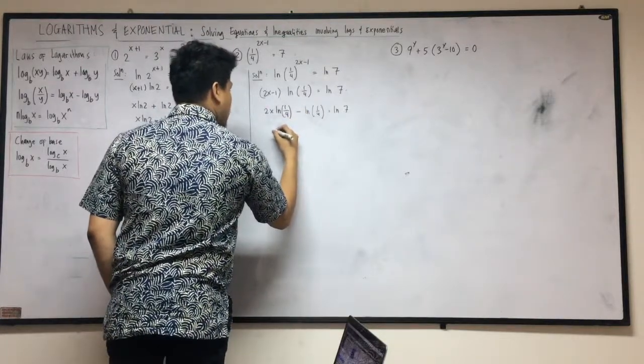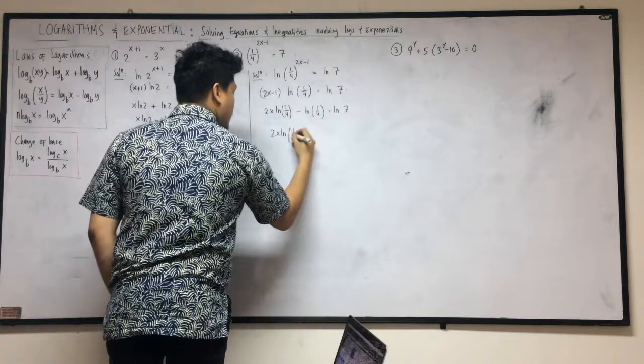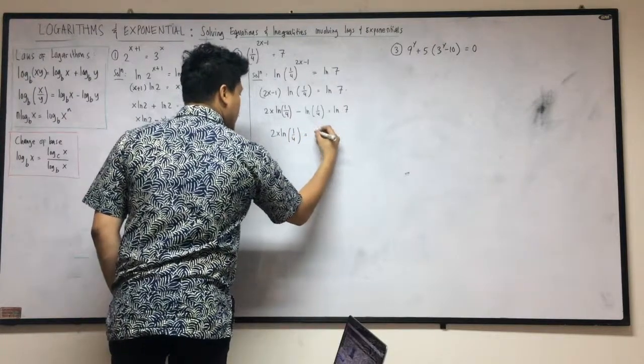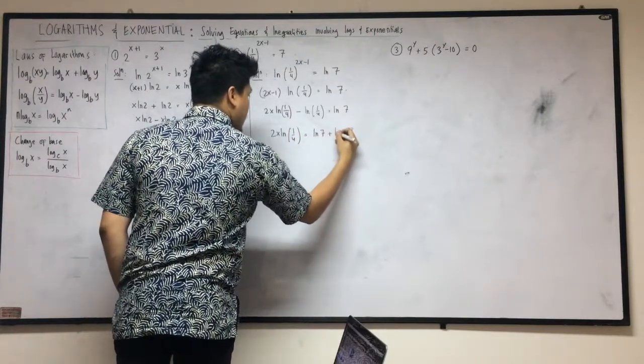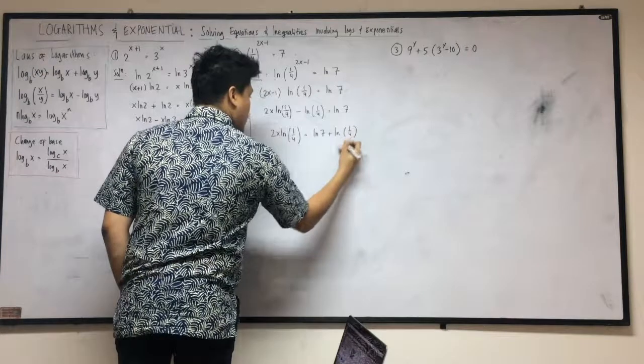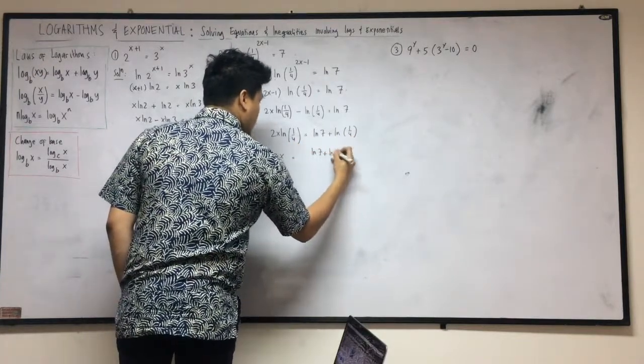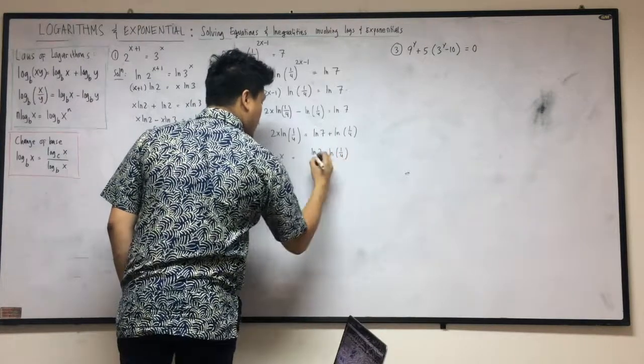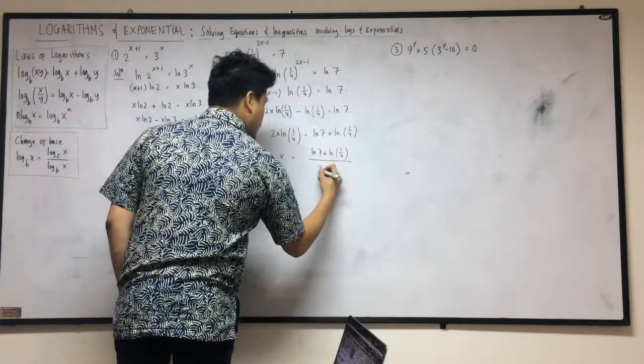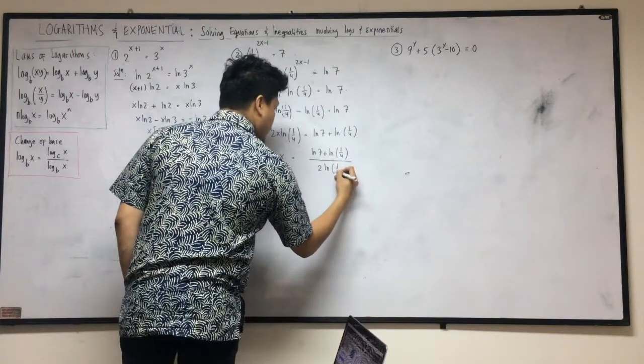You get 2x ln 1 over 4 equals ln 7 plus ln 1 over 4. x equals ln 7 plus ln 1 over 4, divided by 2 ln 1 over 4.